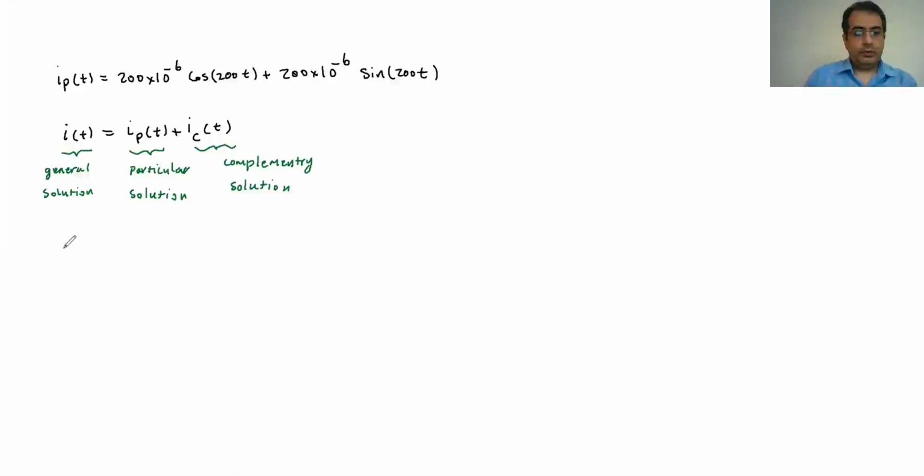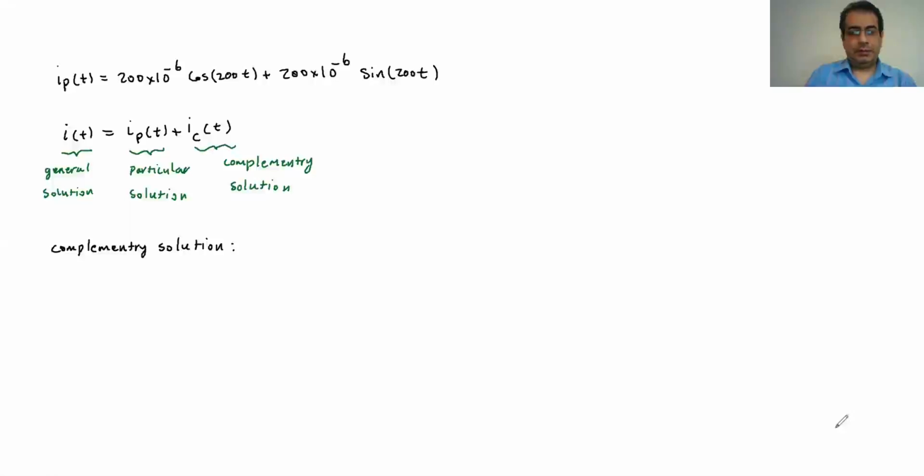So we know that the complementary solution has a form of... the complementary solution is the solution that satisfies the equation if we remove the source from the general differential equation.